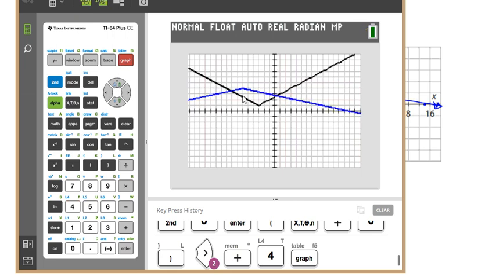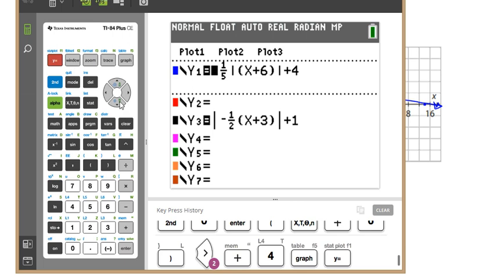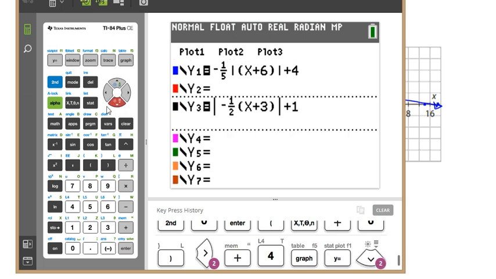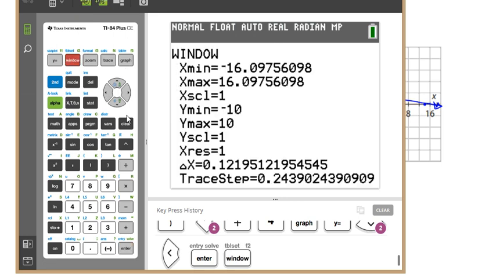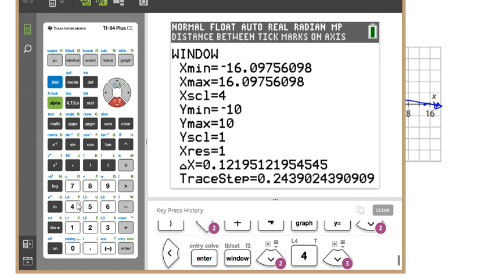And to get it like it was, I'm going to do two things. I'm going to get rid of this thing here, and I'm also going to go up and get the window right, because they're going by 4 on the X scale and also on the Y scale, 4. So I do that, you should see a similar thing.